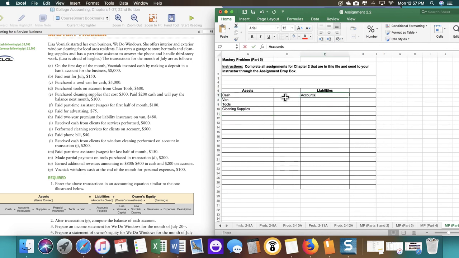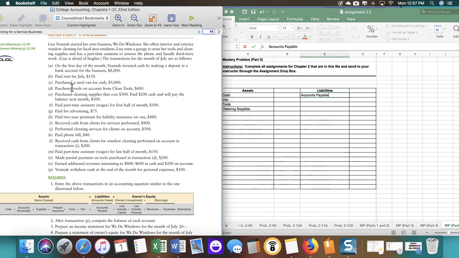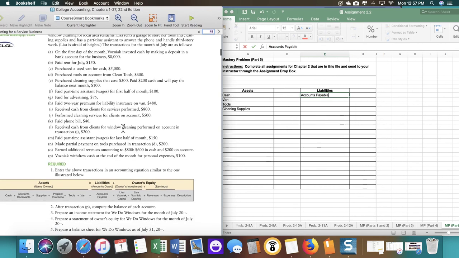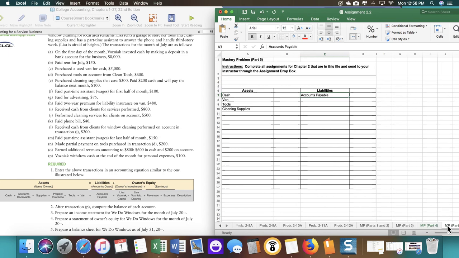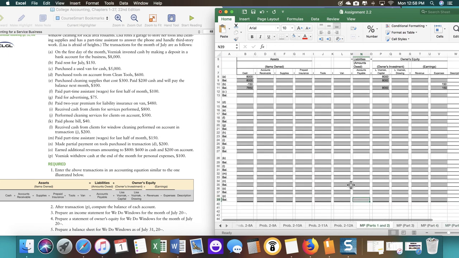Liabilities would be accounts payable, so that would be anything that we haven't paid for, that we've promised to pay. So tools on account, if we haven't paid the tools account yet, that would be $600. So you would look at the accounts payable. Whatever balance is down here is the amount you're going to enter in the balance sheet. The assets are listed.